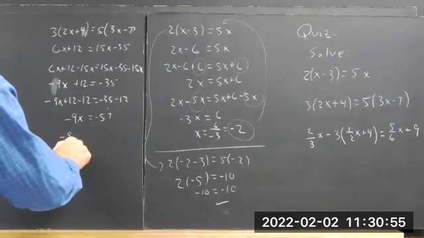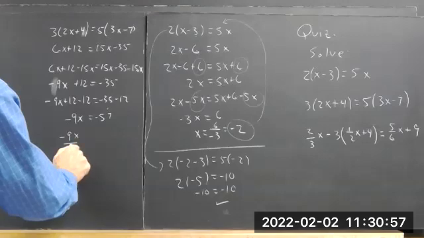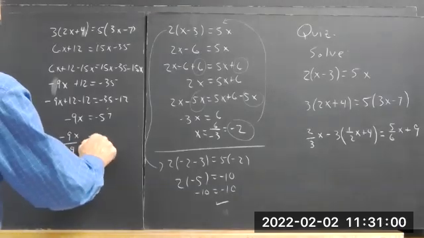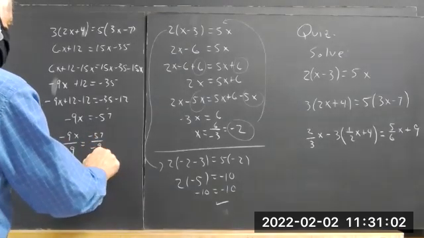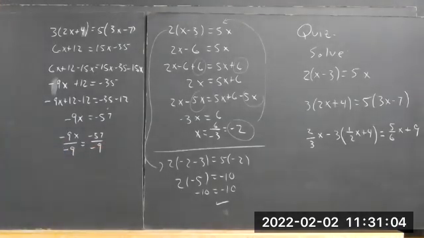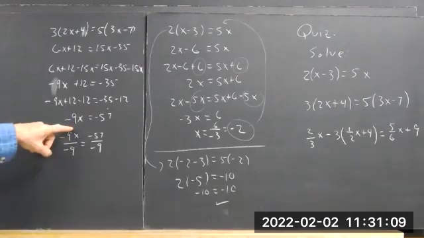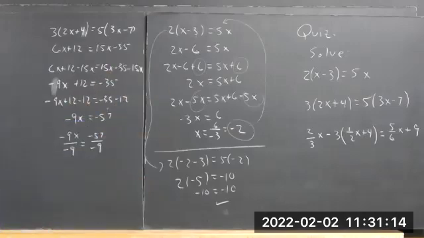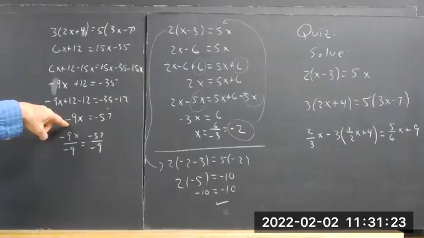So that now we do negative 9x over negative 9 equals negative 57 over negative 9. Okay. And at this stage, you want to be careful because you've been adding things and subtracting things from both sides just out of habit without really thinking about it. You see me make mistakes like this. You might want to add a 9 to both sides and think that's going to get rid of the negative 9, and it's not going to do it, right? You have to divide.